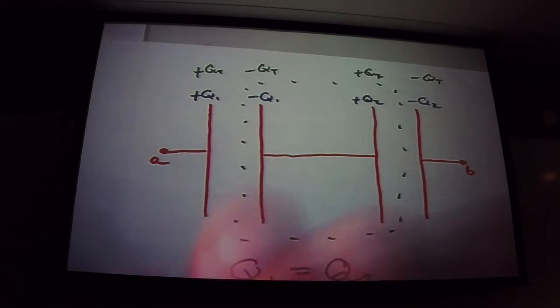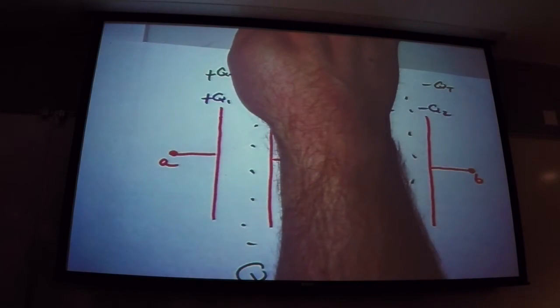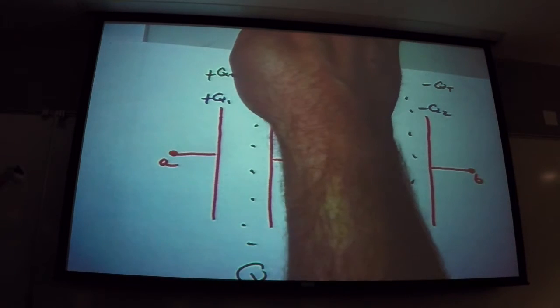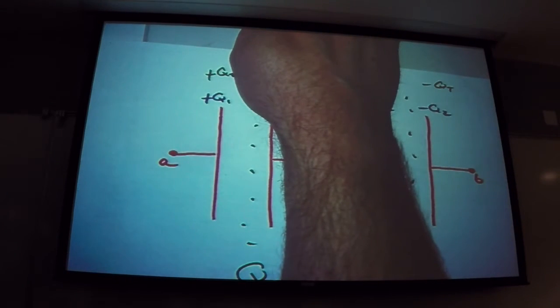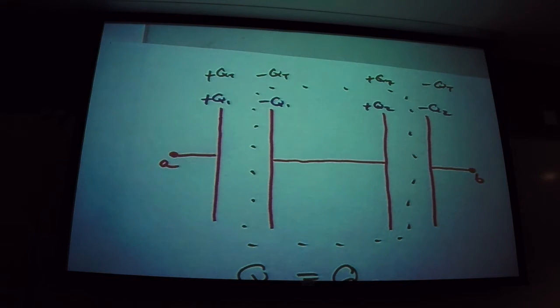I only have access to this and that. So basically, I just wipe that out, and notice how much charge I got on there: Q, Q. That's it. So Q1 equals Q2 and equals the total charge I have. The Q's are equal.